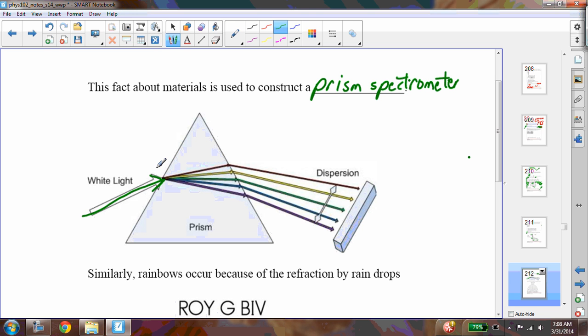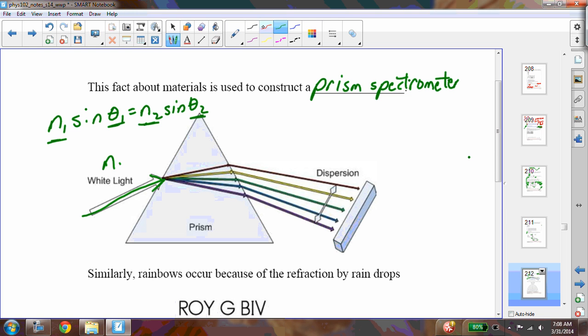I send in white light here, and then the different wavelengths of the light are going to change by different angles because of the law of refraction. N1 sine theta 1, or this would be N1 out here, is equal to N2 sine theta 2. So all of these lights have the same theta 1 and same N1, but N2 changes for each wavelength of light, and so it's going to give a different theta 2.